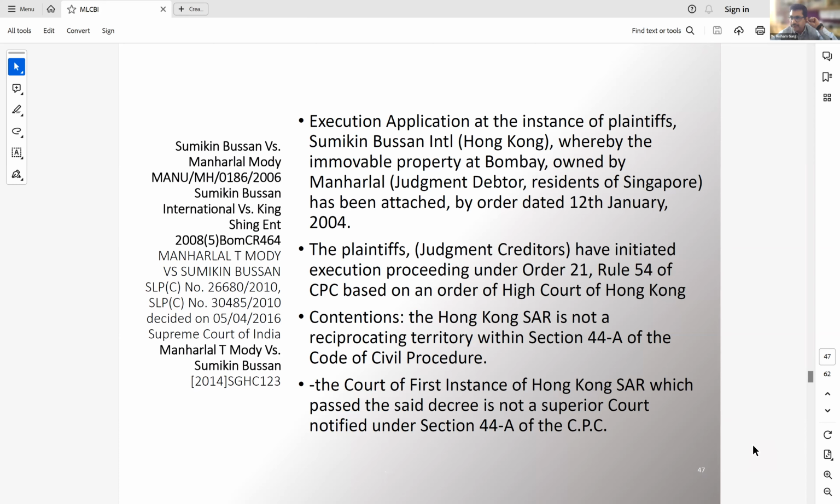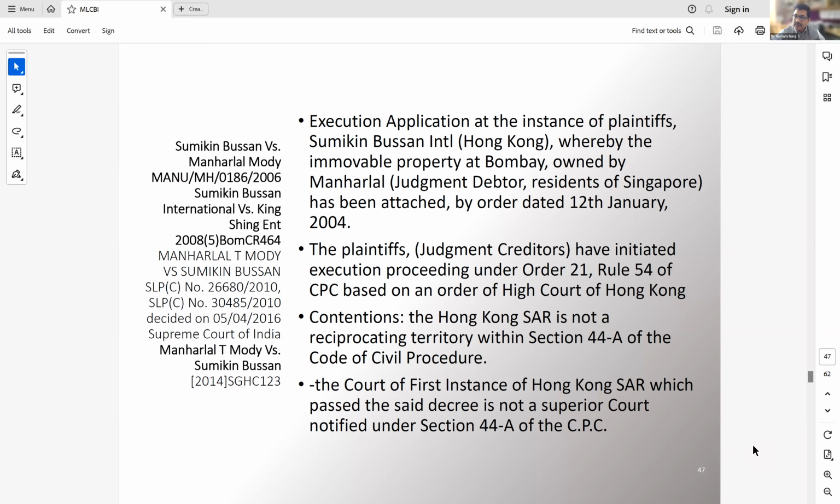We have covered cross-border insolvency, and I shared a case on cross-border group insolvency also. And this is a case which is like a cross-border commercial transaction, usually a cross-border recovery suit, but involving certain elements of insolvency, judgment, and order as well.